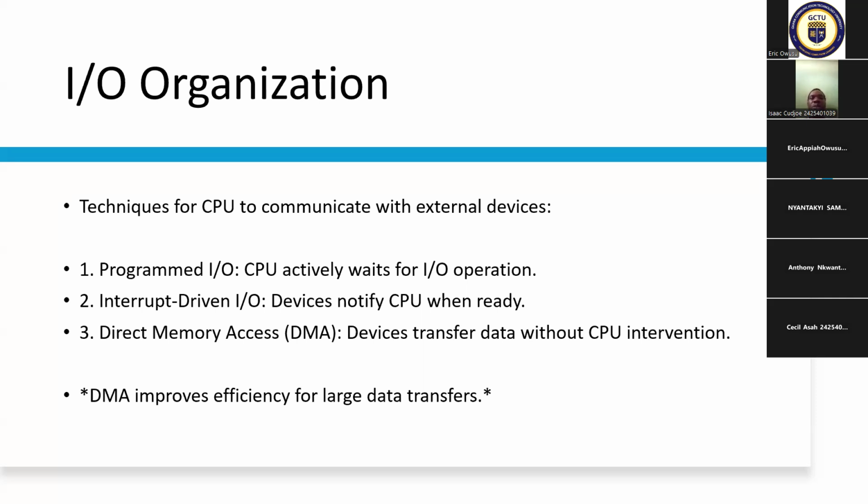Third, direct memory access. How it works: a special controller transfers data directly between I/O devices and memory, bypassing the CPU. The CPU only initiates the transfer and is notified when it's done. The good side is that it is extremely efficient for large data transfers and it frees the CPU during transfer.